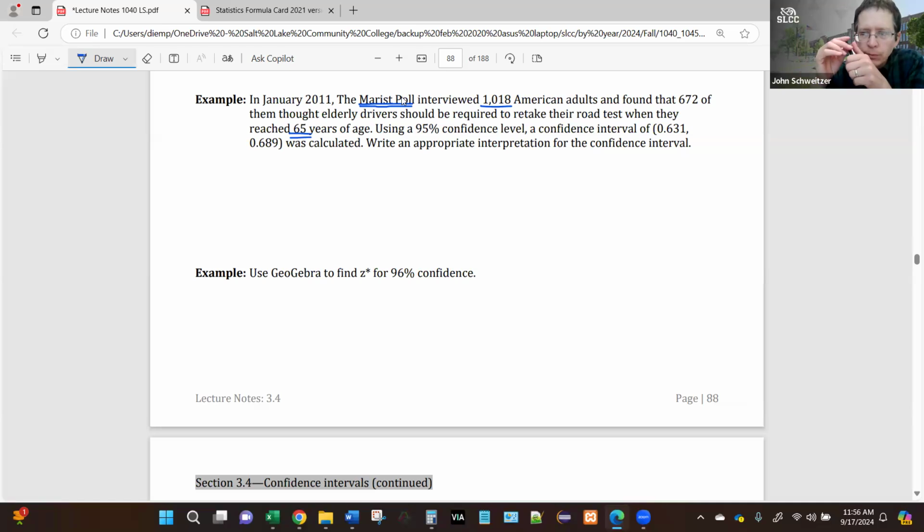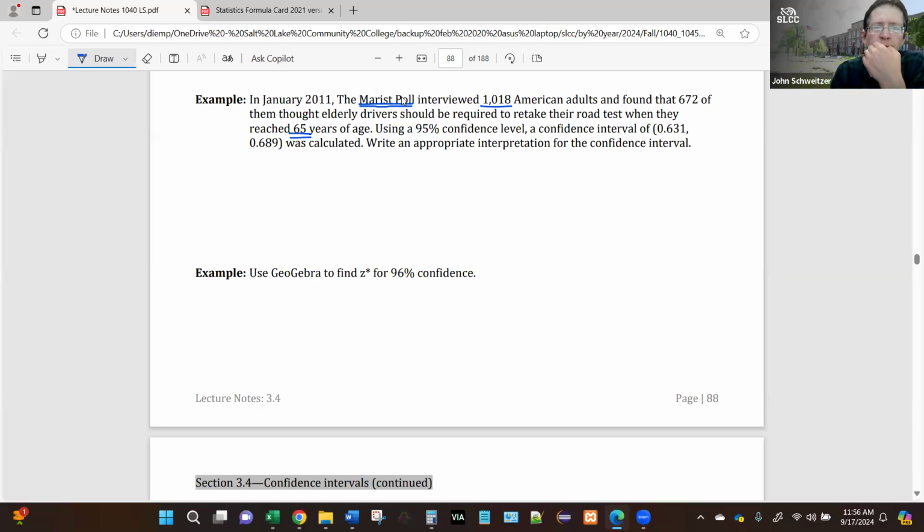So the idea is that at some age, maybe we should have a cutoff where we require elderly drivers to come in and get retested, right? We don't necessarily want to take their driver license away from them if they're healthy and they can drive. We don't want to punish them, but if it's unsafe for them to drive, we should probably take the license away.